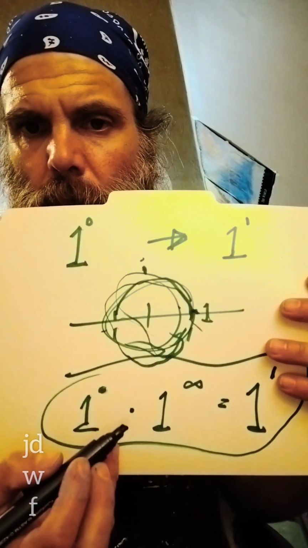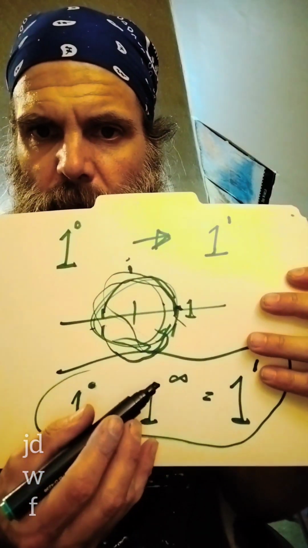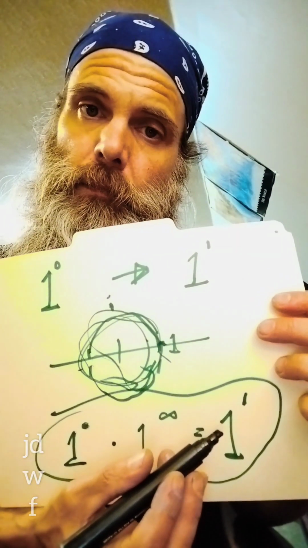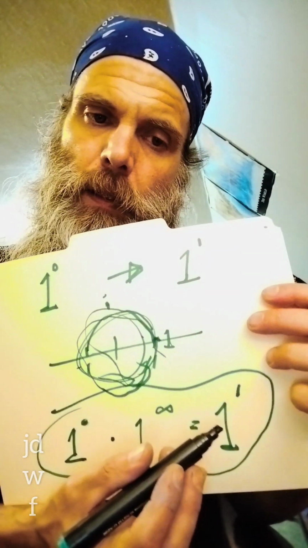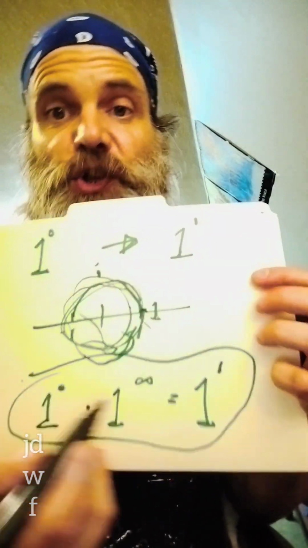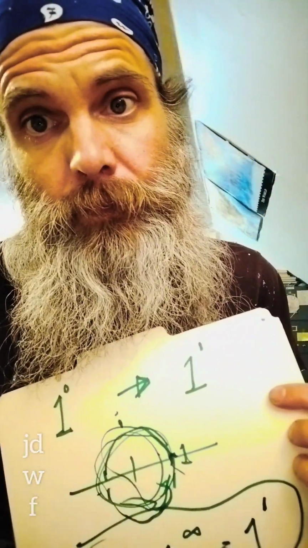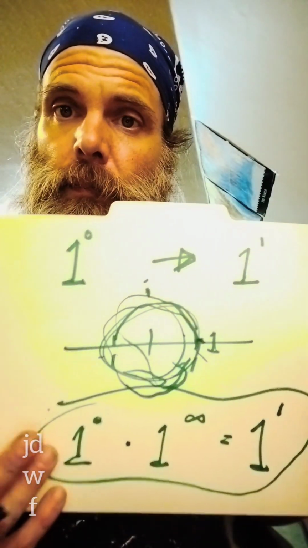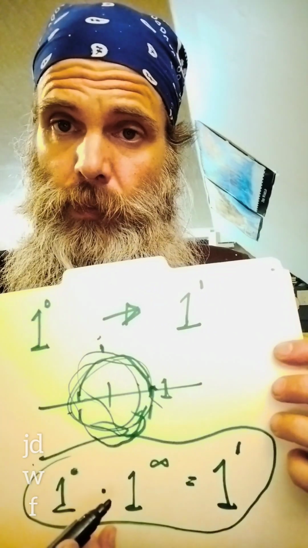One to the 0 times 1 to the infinity equals 1 to the 1. Which triangulates the alpha and the omega. And I ask you, which of these is the midpoint?